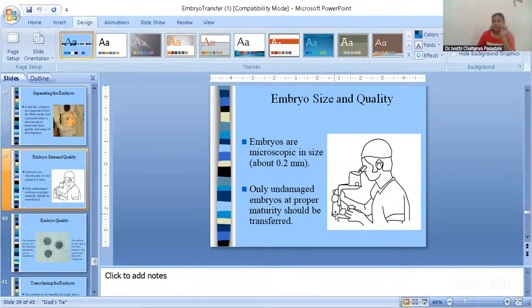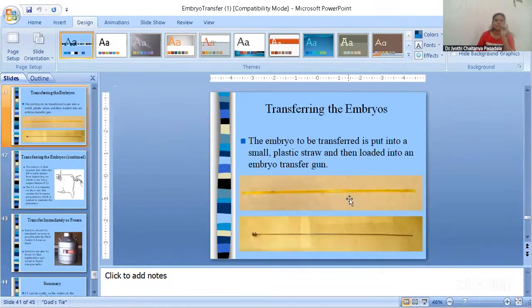Embryo size also plays a major role here, so we have to check the size of the embryo, up to 0.2 mm. For embryo transfer, only undamaged embryos at proper maturity should be transferred.